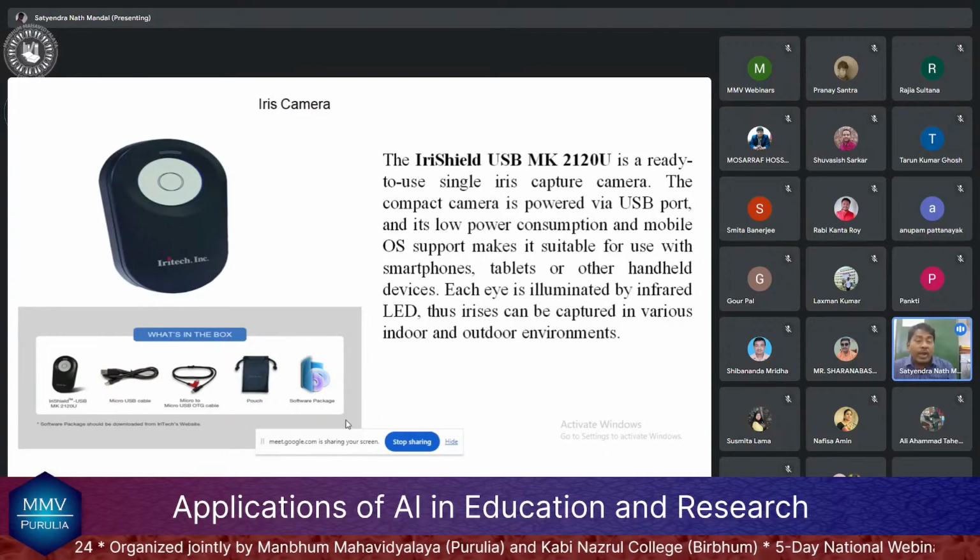There is no camera, no iris camera, specially made for animals. That was our biggest restriction. We used the human iris capture camera to identify the animal. That camera we have used.